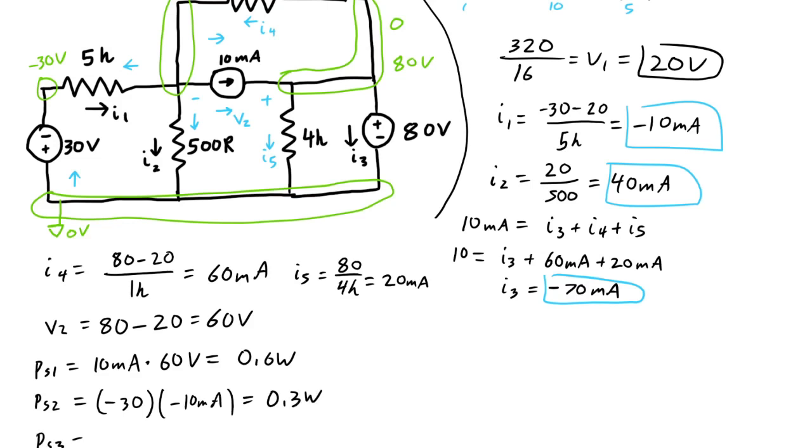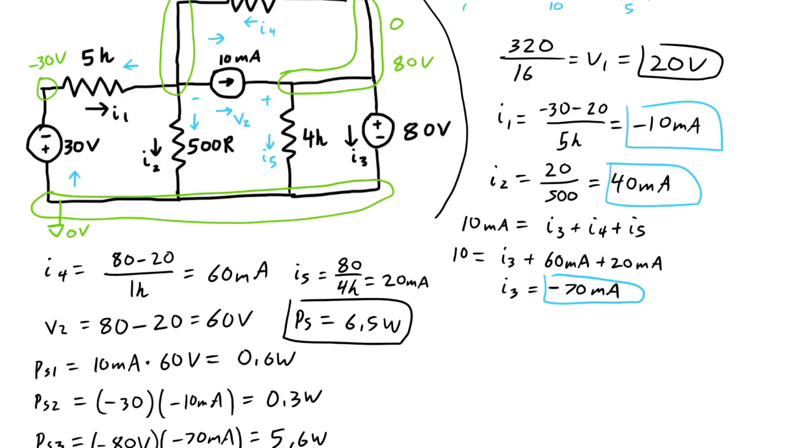And power supply 3 is going to be the 80 volt source. There's 80 volts times minus 70 milliamps. So 80 times 70 is 5.6 watts. So the total power supplied is going to be 0.9 plus 5.6. So 6.5 watts if we did everything correctly.